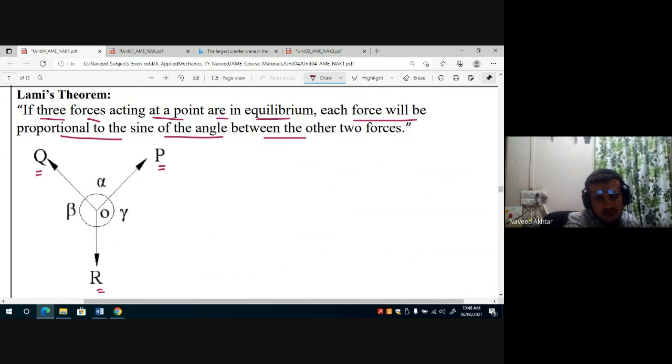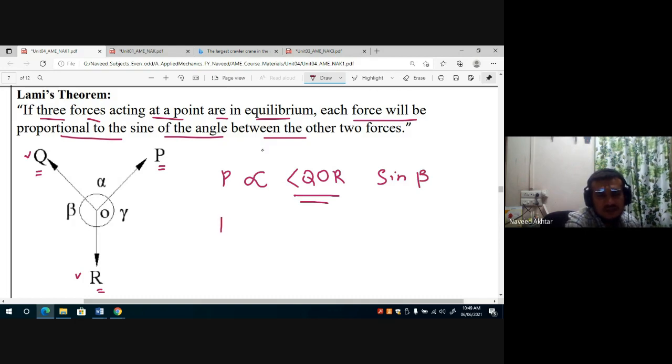तो अगर मैं यहाँ पर P बोलता हूँ, P is proportional to the sine of the angle between the other two forces. तो P के अपोजिट में 2 फोर्सेस कौन सा है, एक तो Q है और दूसरा R है. तो एंगल जो Q O R बना रहा है, एंगल मेड बाय Q O R इज नथिंग बट साइन ऑफ एंगल लेना है, so that is sin beta.